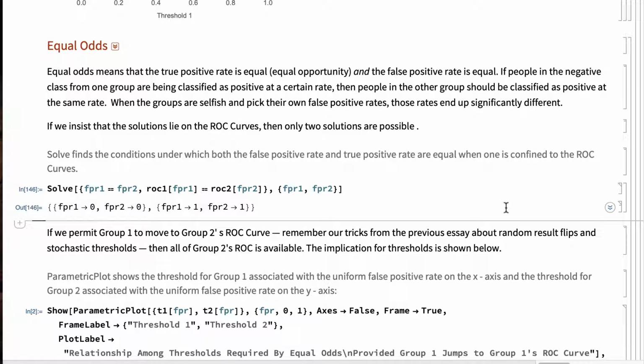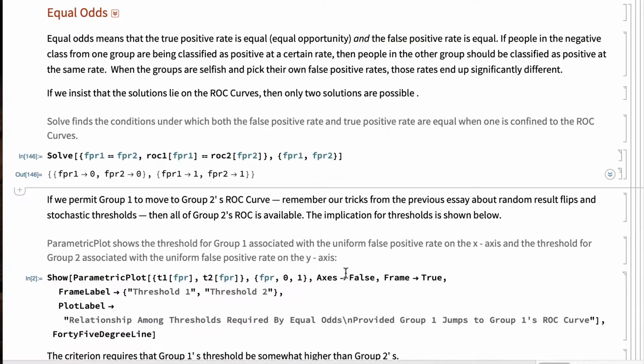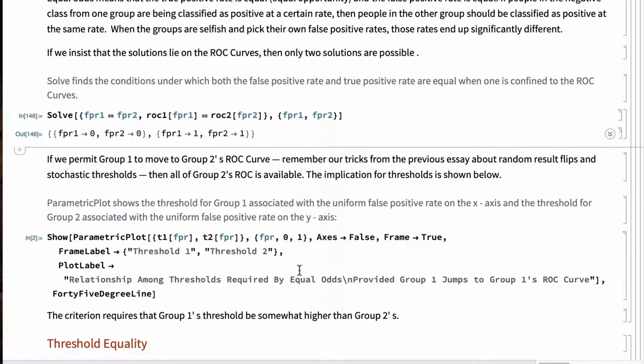And the reason I spent all that time in the prior video discussing that was precisely because I knew we were going to need it here in order to achieve the equal odds metric that some people support and is certainly worth thinking about.